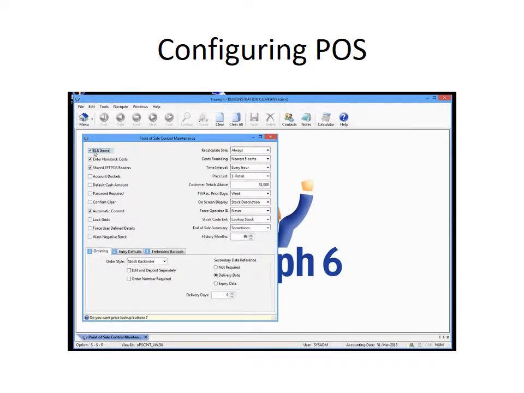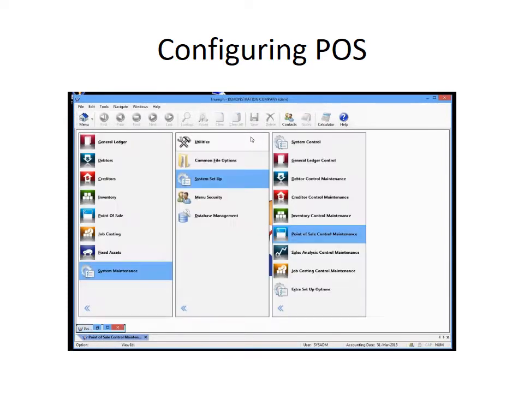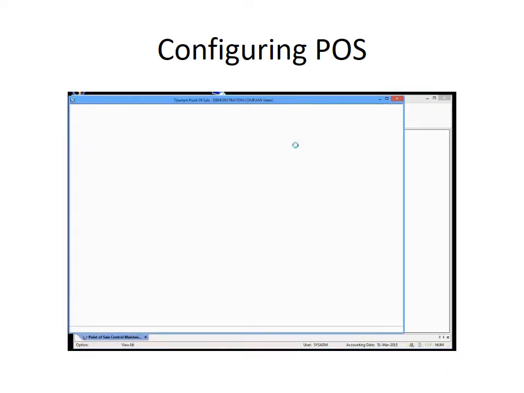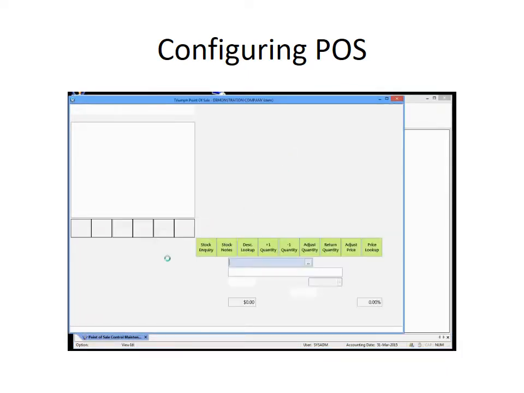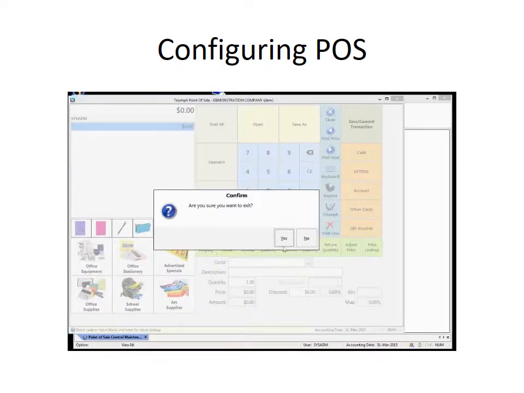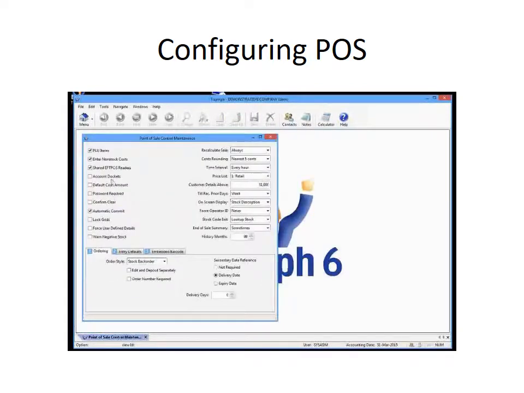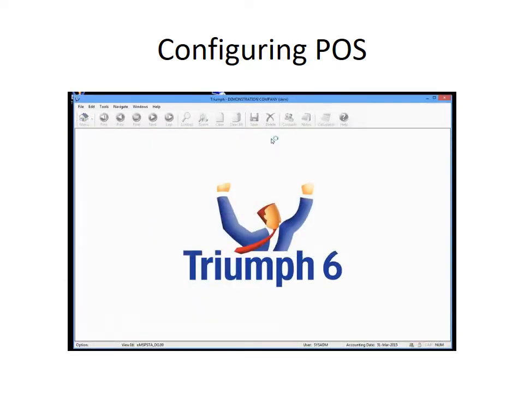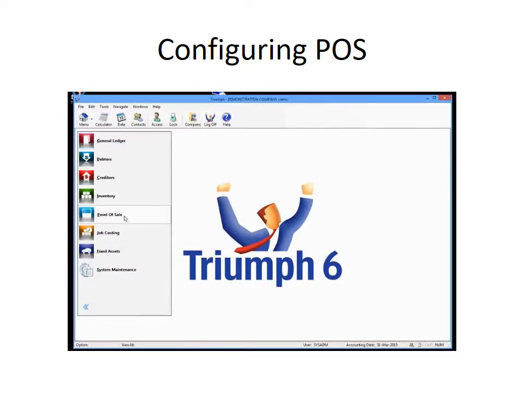If I minimize there and go into point of sale, what you'll actually see is PLU items is this whole section down the bottom here. I'll close out of there, turn that off, and we go back into point of sale again.